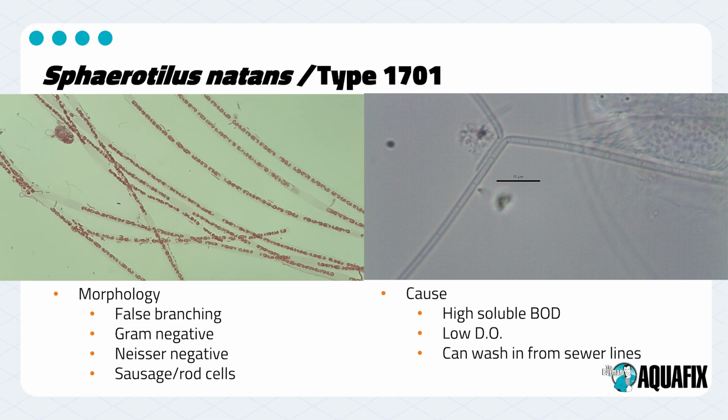This one can be fairly problematic and cause a lot of bulking issues if it grows into very high abundances, and it can be very difficult to get rid of because it has that thick sheath on it that, when you actually deal with the filament itself, is left behind and continues to cause problems.